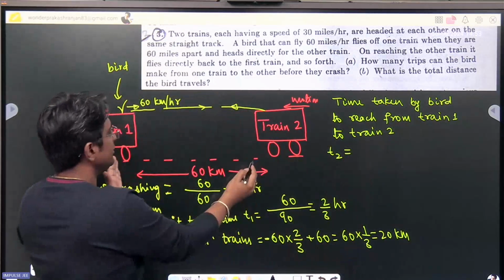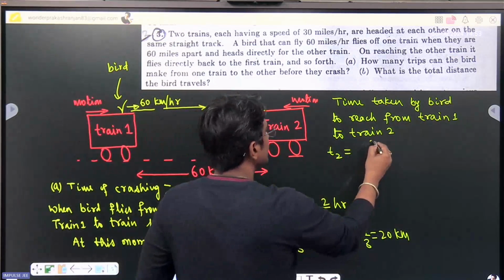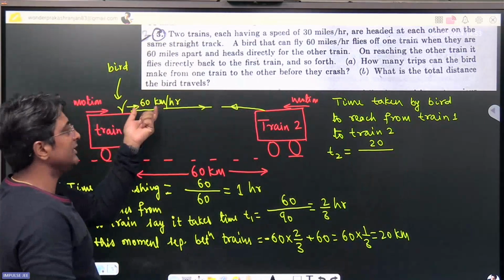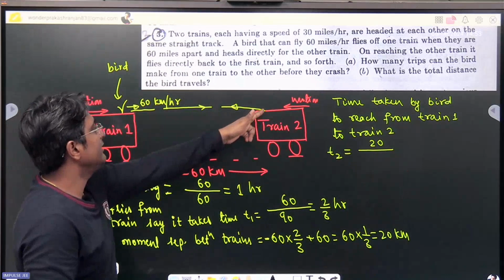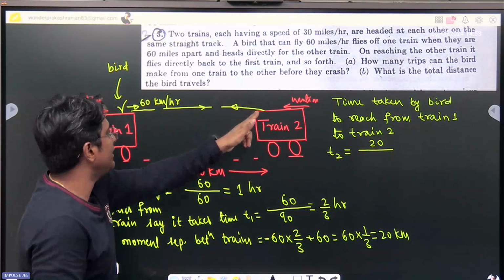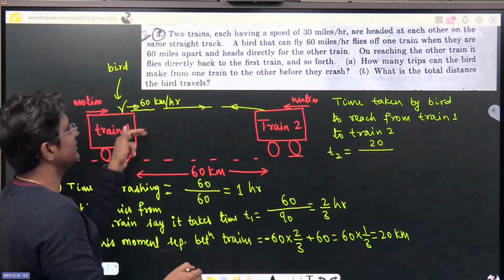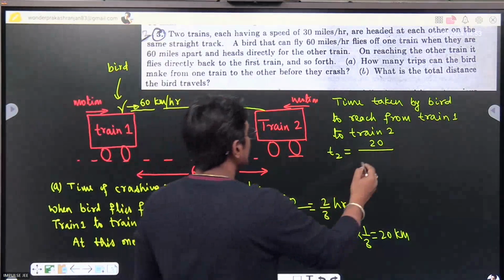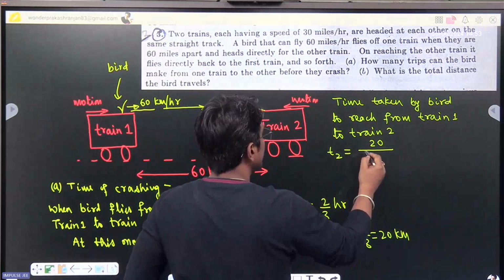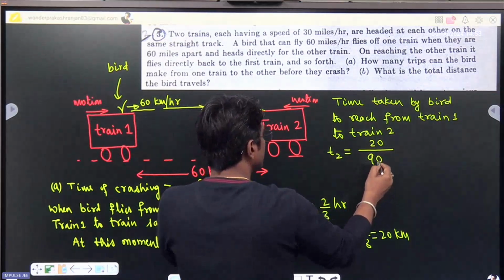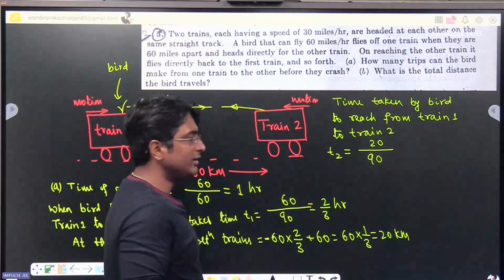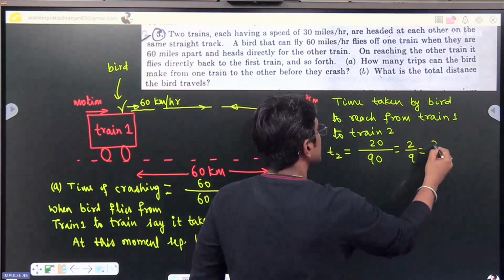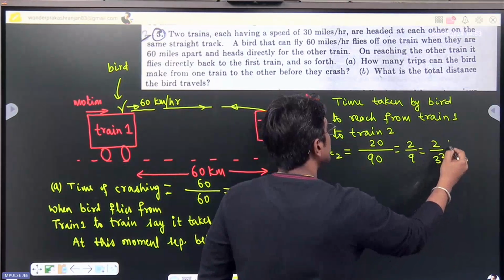The separation between them is 20 kilometers, and if you observe the speed of the bird, it will appear as 60 plus 30, so the total speed is coming 90. So we can write this as 20 by 90. So this is nothing but 2 by 9. That can also be written as 2 by 3 square hour.